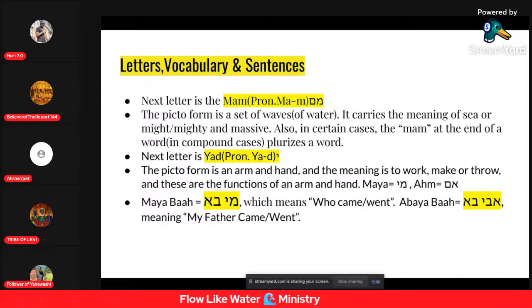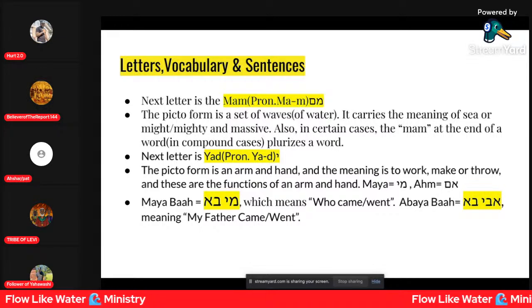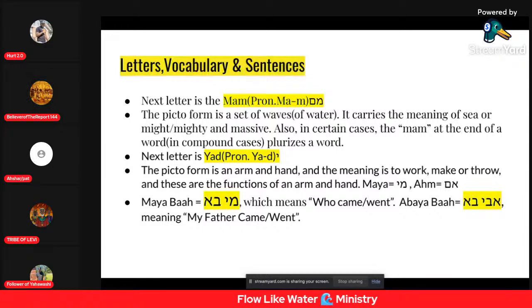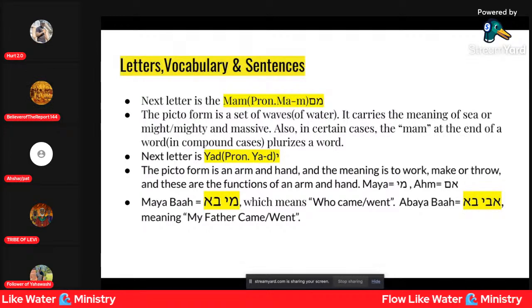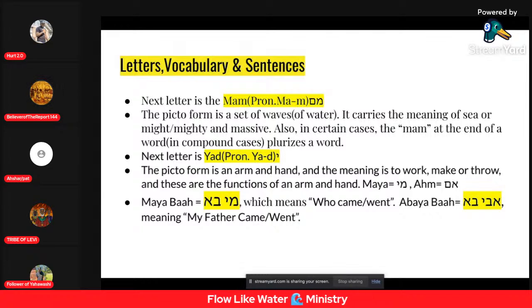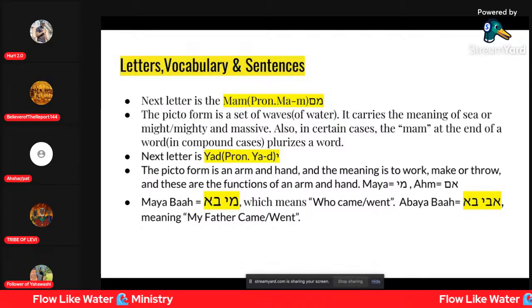The next one is Abaya ba'a, which means my father came or went. So again, just another example of utilizing a few simple letters combined and forming a sentence. Let's move on to the next one.